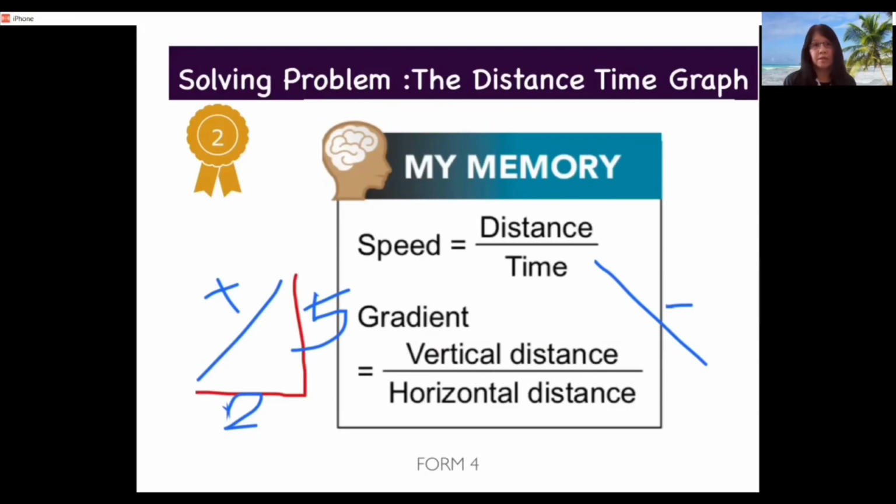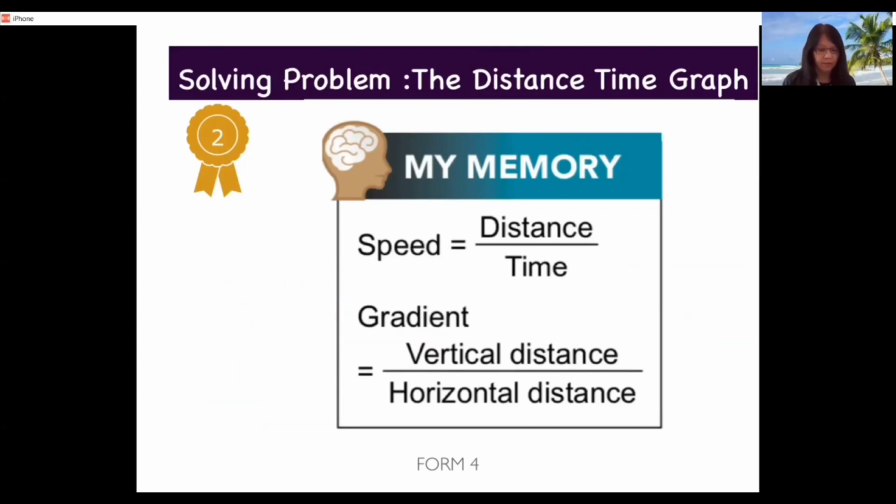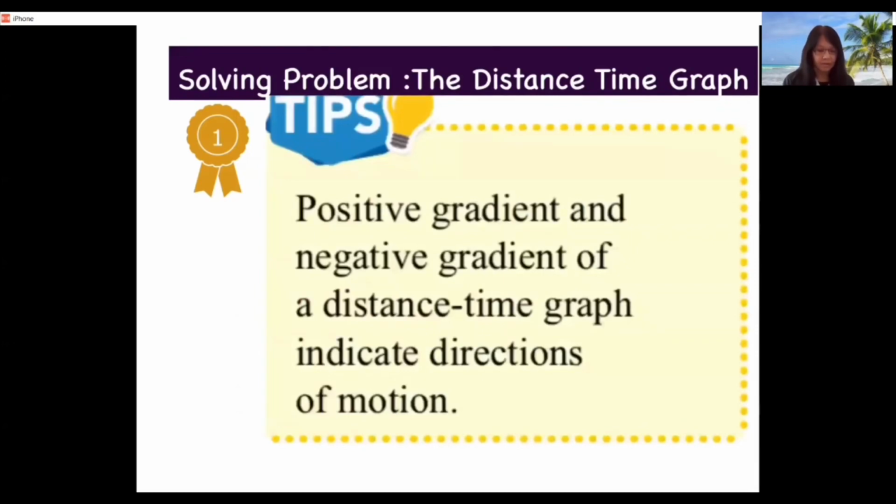If you have a line going down, you have a negative gradient, which means the line is going down. The gradient represents speed, so we have positive gradient and negative gradient. What does that mean?